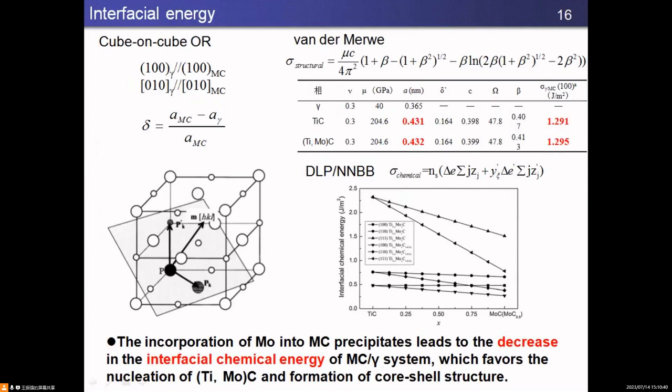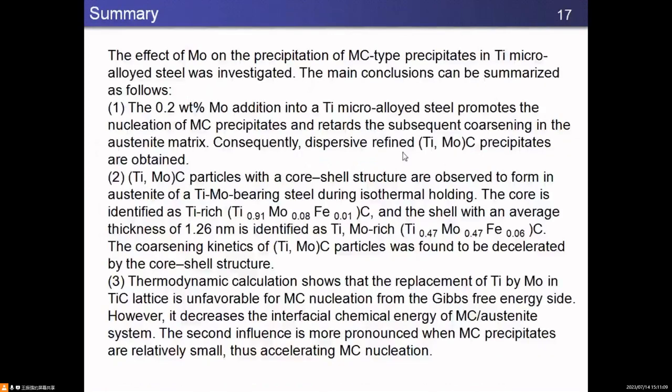We can see that the incorporation of Mo into MC carbide precipitation leads to a decrease in the interfacial energy of the MC/gamma interface. This favors the nucleation of titanium carbide, the formation of the core-shell structure, and also delays the coarsening of the complex carbides. So we make a conclusion.